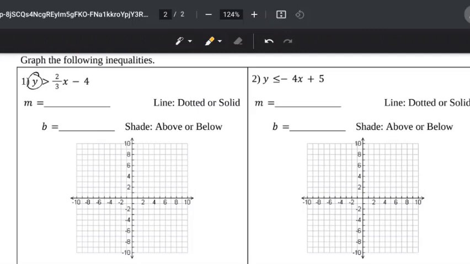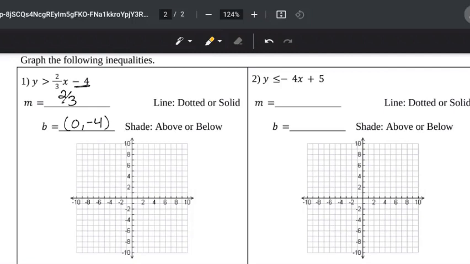For number 1, that is the case. Y is by itself. So we can go ahead and fill out our information. Our slope is positive 2/3. Our y-intercept, remember, it is -4, but it's a coordinate pair. 0 for our x always, and -4 for our y value as our y-intercept.